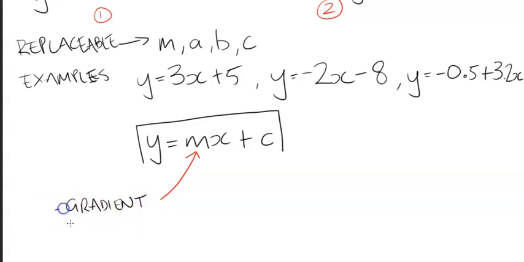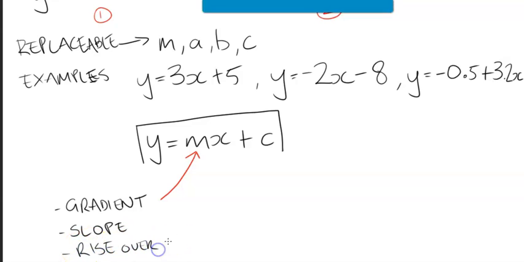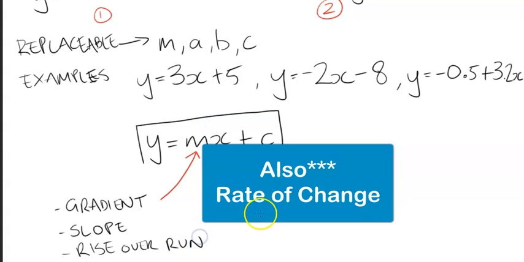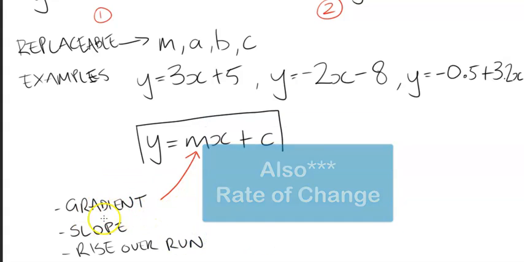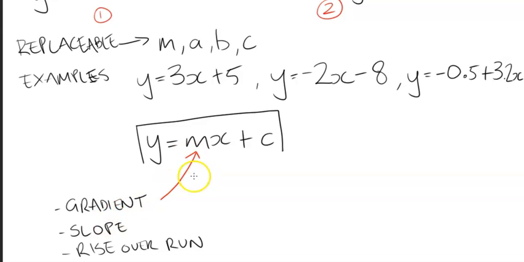You can also have the word slope as well, and in some cases you will get rise over run. The most common name is the gradient, and the gradient, this m, just determines the steepness or the slope of what the line will look like when you sketch this.